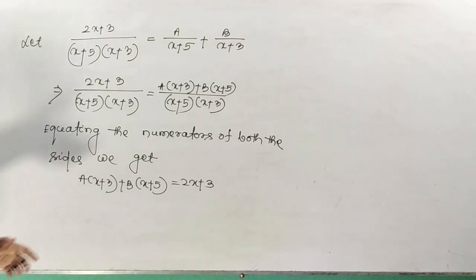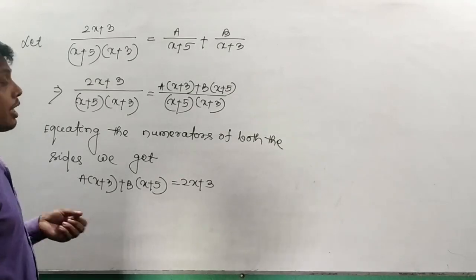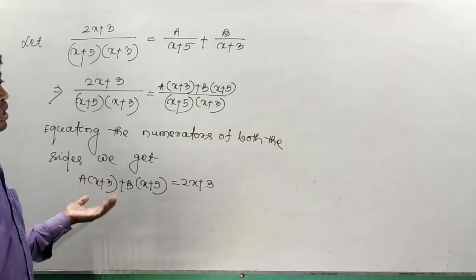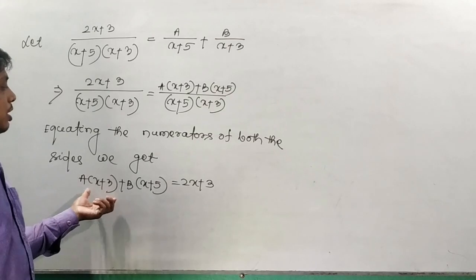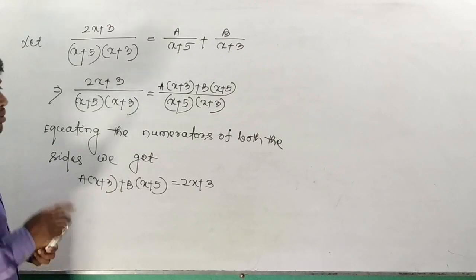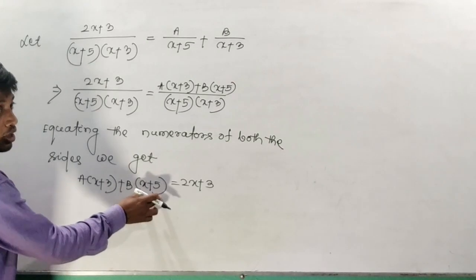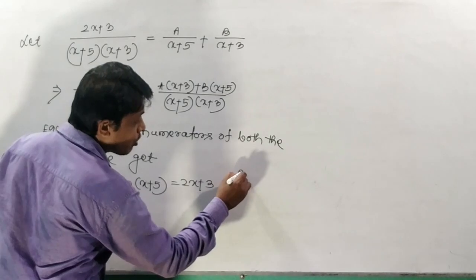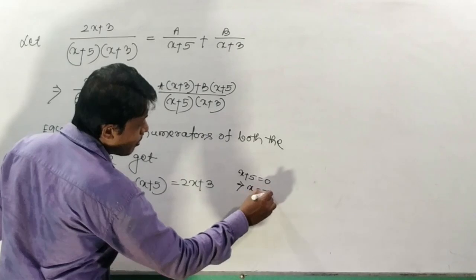Now the case is how to find out the values of a and b. There are two cases. First, equate the coefficients of like powers of x, and the second case is by method of elimination. So how to use the method of elimination? Mark it. These two factors x plus 3 and x plus 5, first equate to 0. If we take x plus 5 equal to 0, then x will be minus 5.